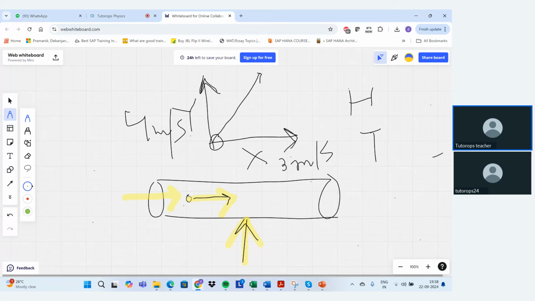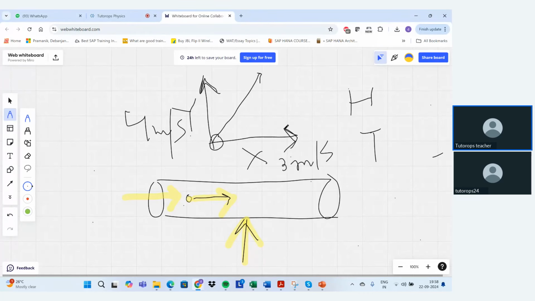Any vector will have these two things. Why I'm coming to the head and tail concept, let me tell you, then you can conclude for any vector case on your own. So here, head means towards where it is heading.